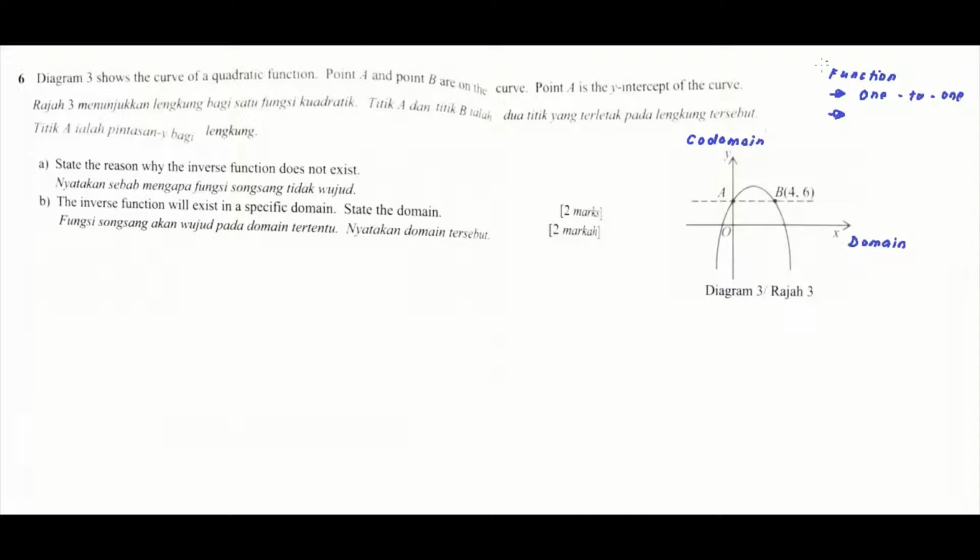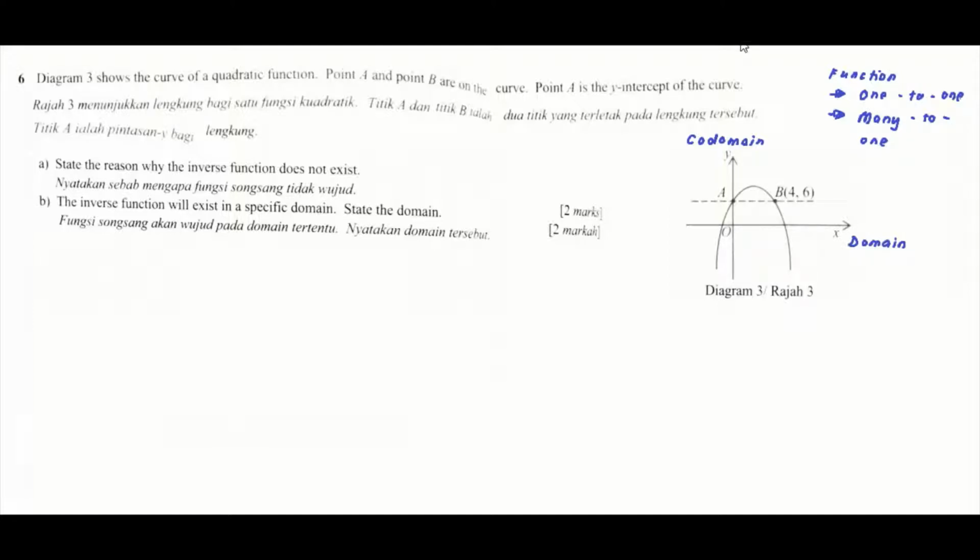So the other one is many to one. Many to one means that a lot of objects go to the same image, but in other words, each object only has one image. It's just that many objects have the same image. So we accept one to one and many to one as a function.